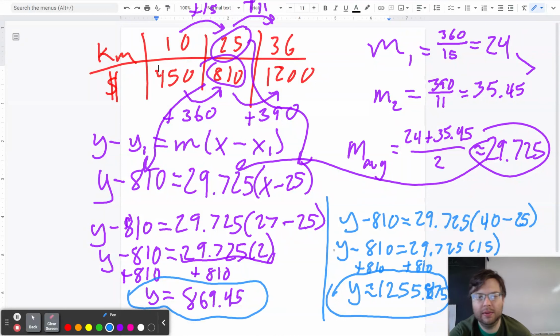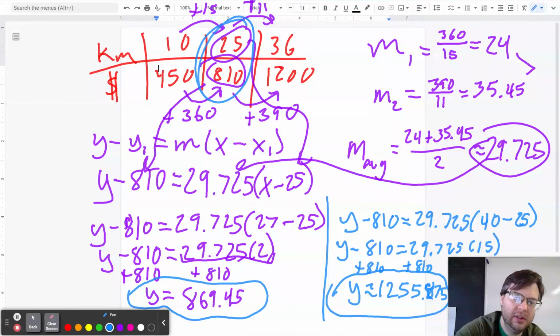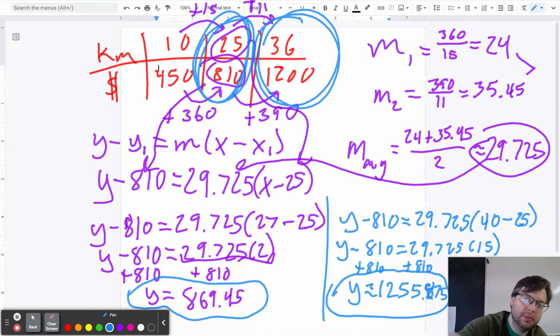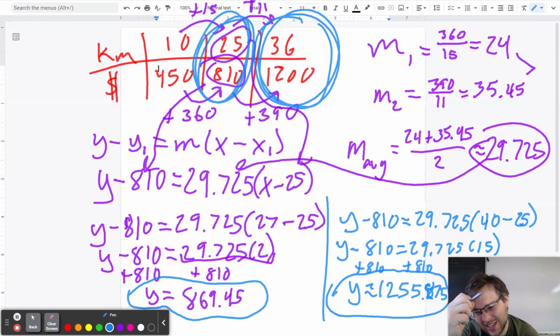So if 2 kilometers past my known value right here is $55, then it wouldn't make sense that going 4 kilometers past my known value would also be $55. Sorry, $59 for the first one, 55 for the second one. So the model is not perfect.